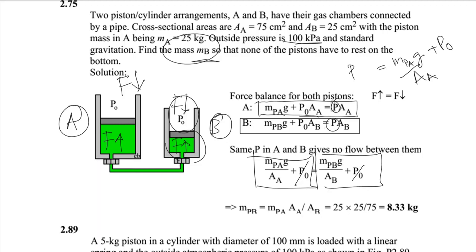As P naught equals P naught, remove that one, and the standard gravitation is also gone. So your equation would be something like this, and you can find the mass of the piston, which is 8.33 kg.